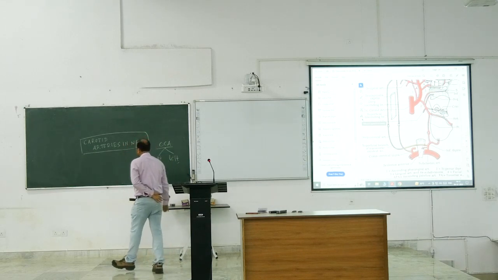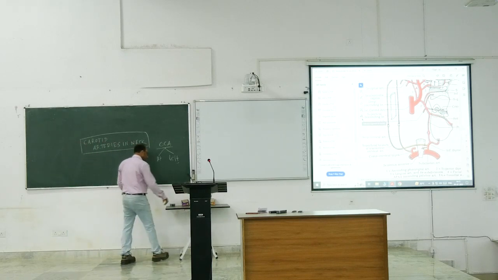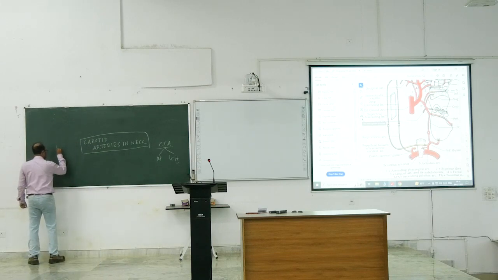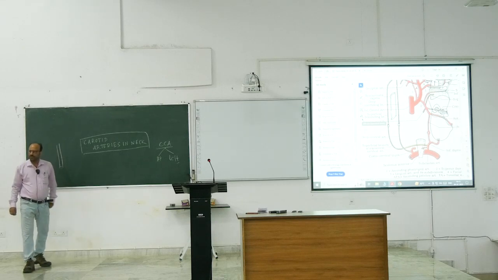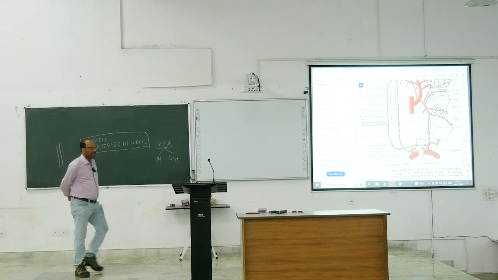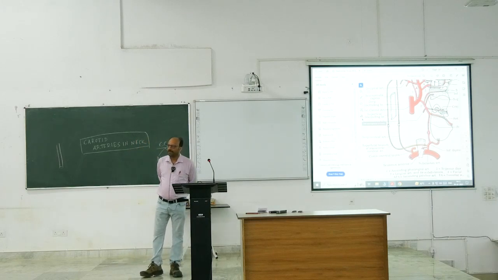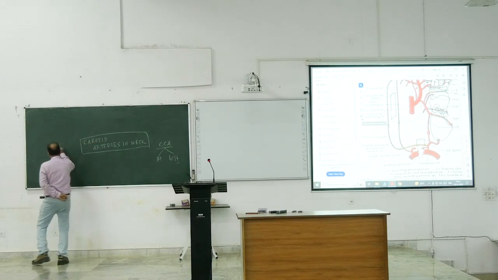So these two arteries, the common carotid arteries. What is the level of bifurcation of these common carotid arteries? It bifurcates, it gives two terminal branches.